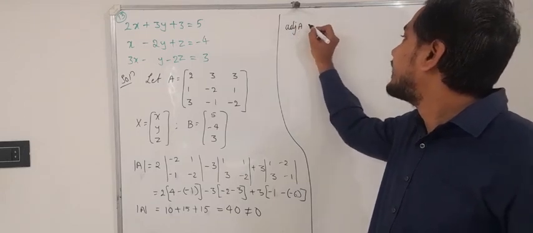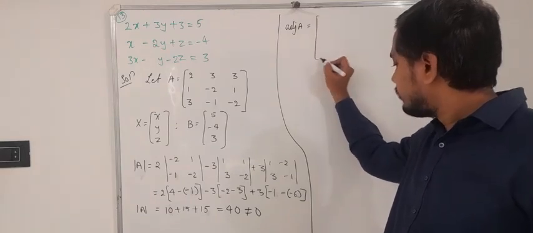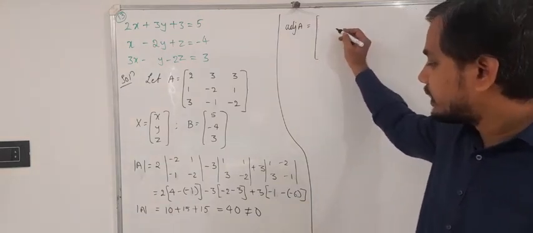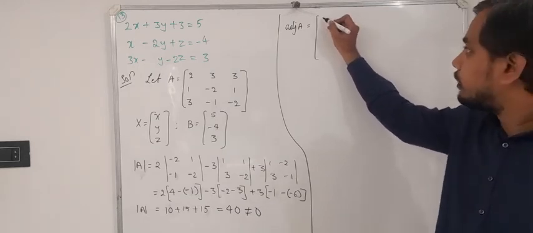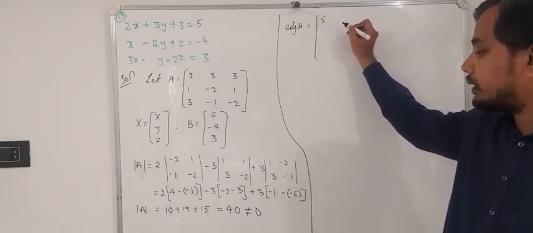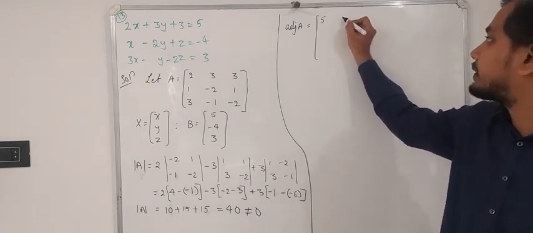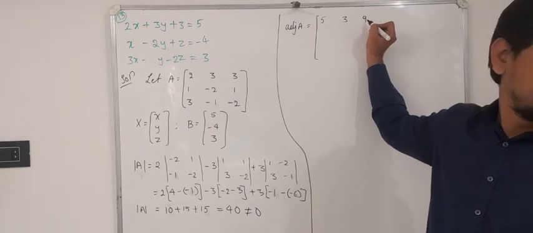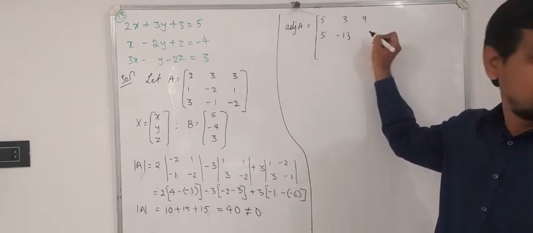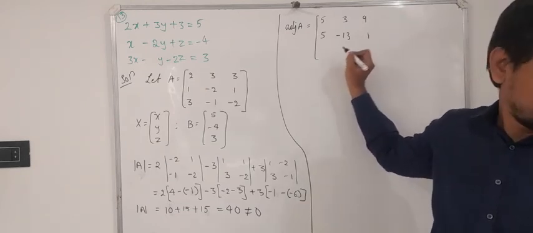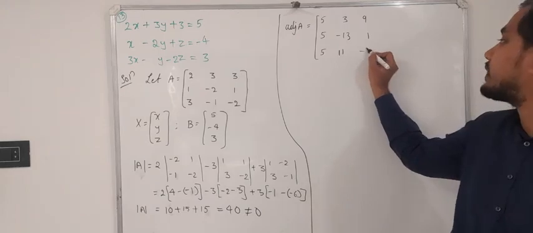Adjoint A will be equal to 5, 3, 9, then 5, minus 13, 1, and 5, 11, then minus 7.